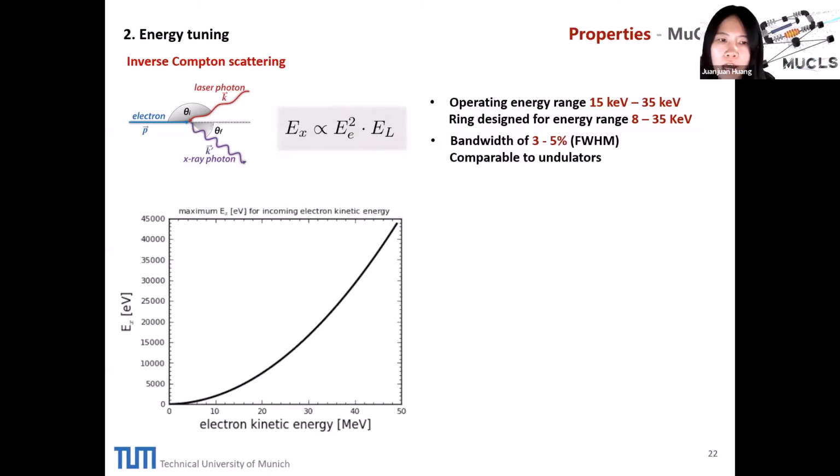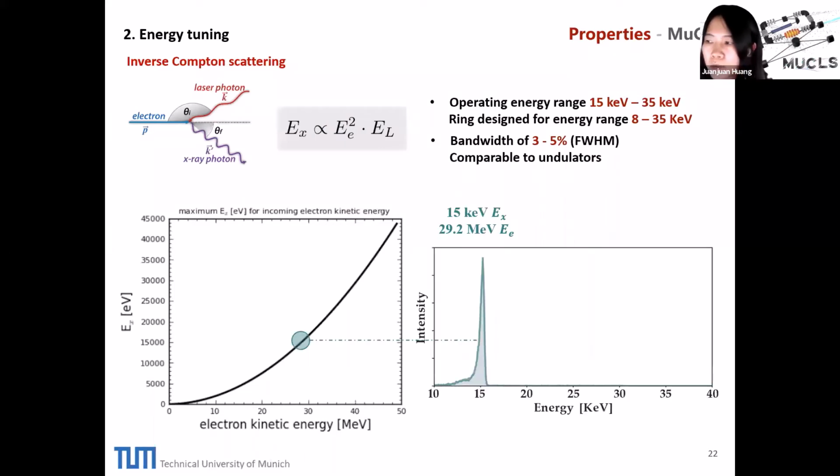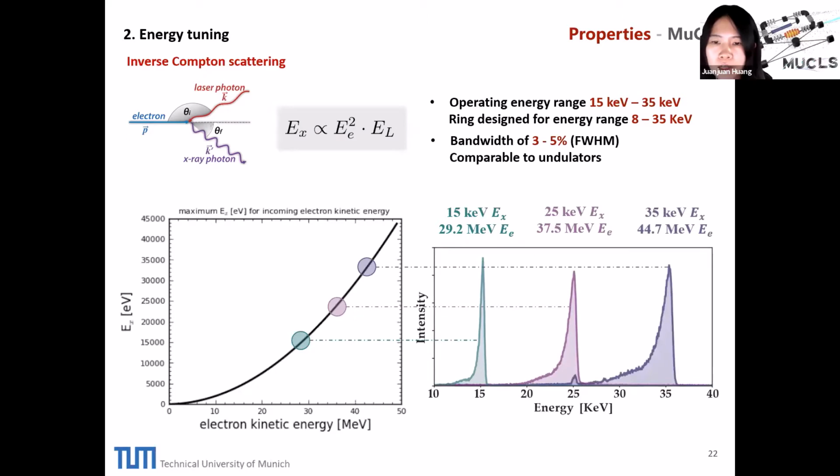So the X-ray energy is tuned by changing the electron energy. Here I give you some examples: this is a 15 keV X-ray spectrum, a 25 keV spectrum and a 35 keV spectrum. Currently the operating energy range is between 15 keV and 35 keV.